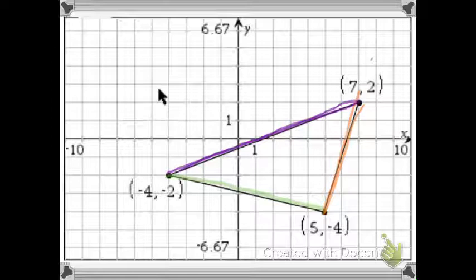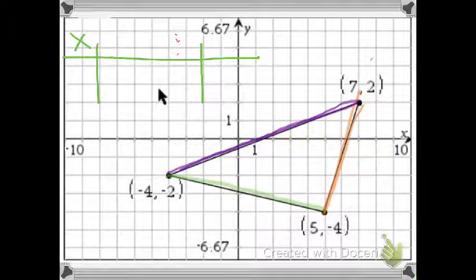So what I'm going to do first is I am going to find the distance of the green side, and we're going to do it the way that I showed you on my last video, and you are welcome to do it however you like as long as you have a good way to get the answer. But I'm going to label my X and label my Y's, and my first point is -4, -2, and my bottom point is 5 and -4.